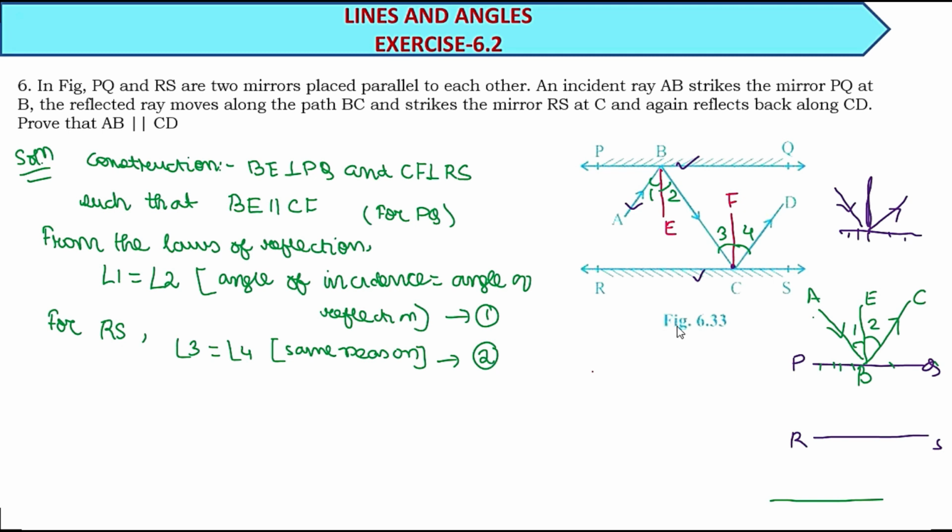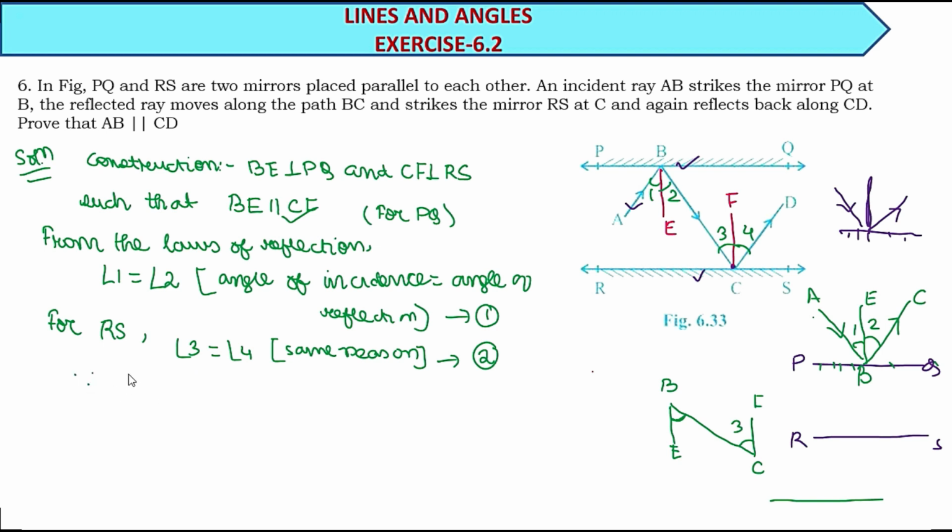Now you see here BE is parallel to CF, as already given, and BC is the transversal. Let me show you the position. Suppose this is BE and this is CF, and BC is the transversal. So angle 2 will be equal to angle 3 because these two are alternate interior angles.